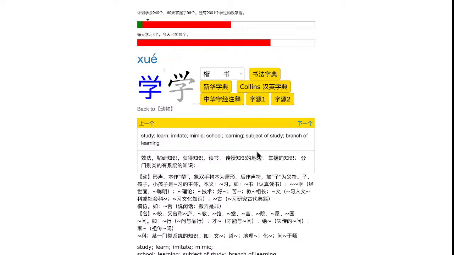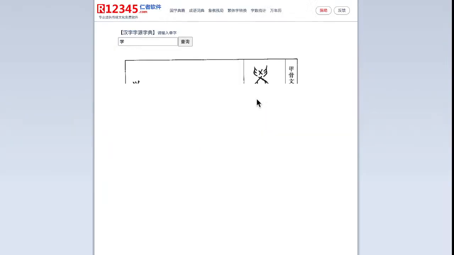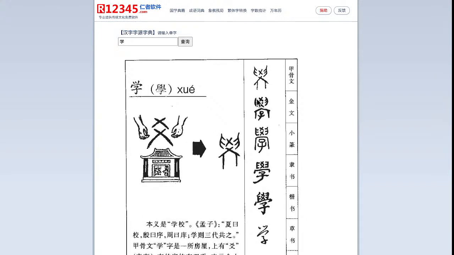Now this character is very interesting because it has a little child in it. Of course, the little kids' main task is 学, they spend almost their entire time learning all kinds of stuff, right? That's why this character is very interesting.